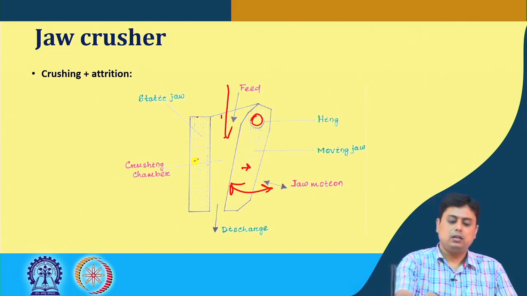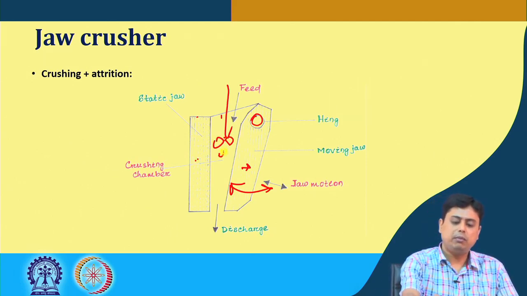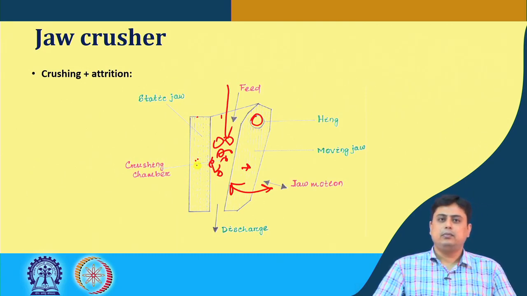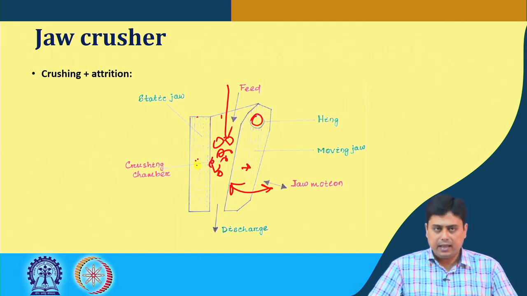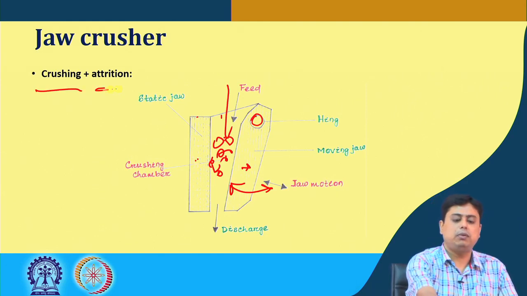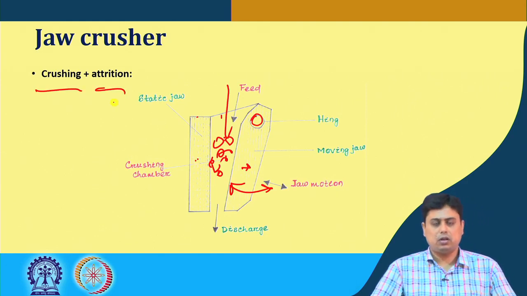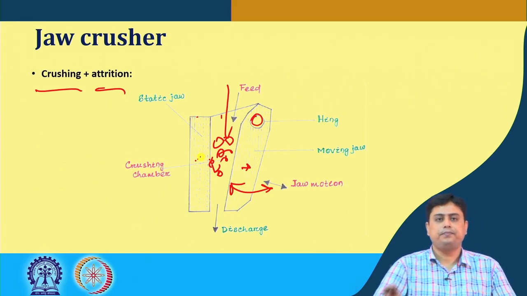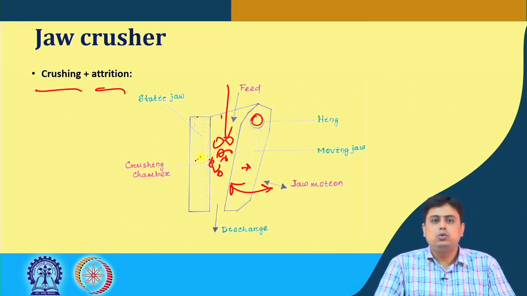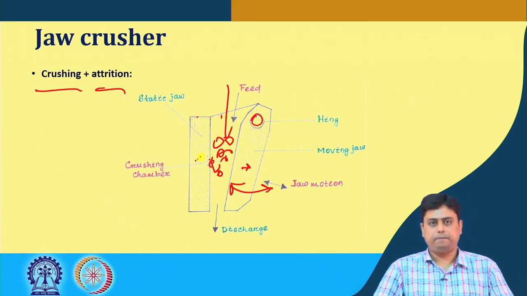Now, since there can be multiple particles if there are different size ranges, the mechanism involved is crushing plus attrition: attrition between the solids and the surface, and crushing between two solid surfaces.